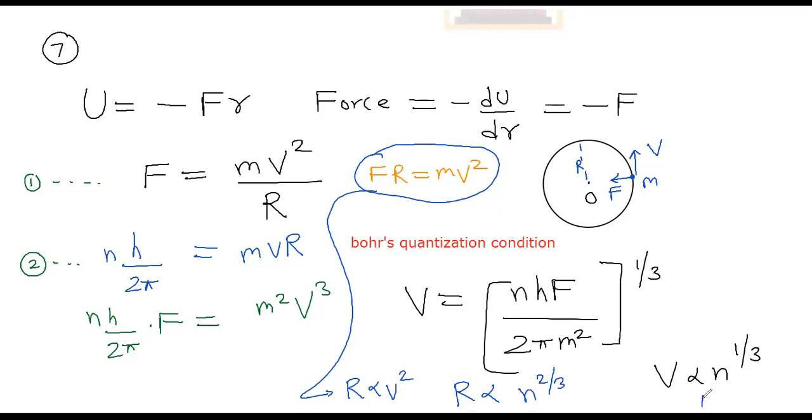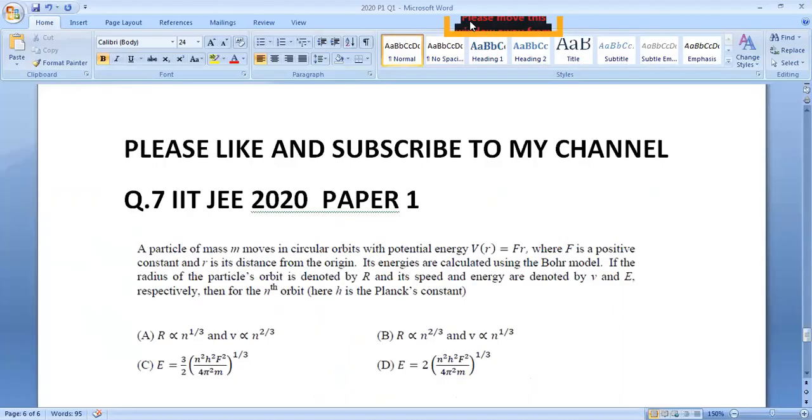So this will match with option B. So here the correct options will be R proportional to n raised to 2 by 3 and V proportional to n raised to 1 by 3, and option C. B and C are the correct answers to this question.